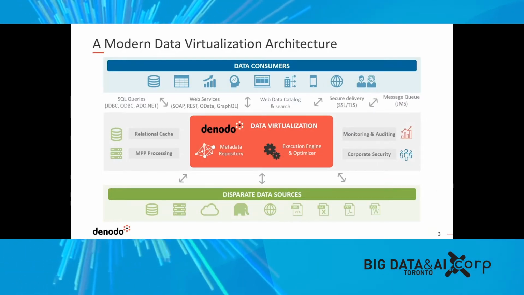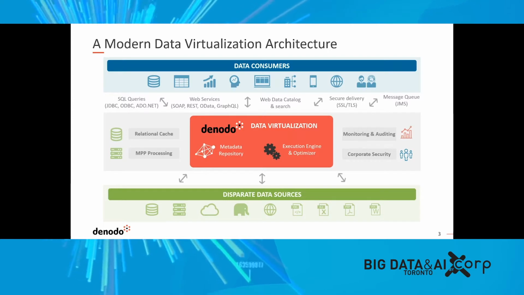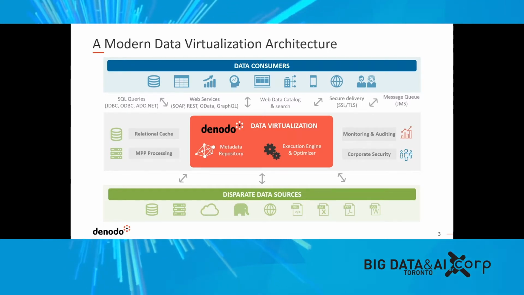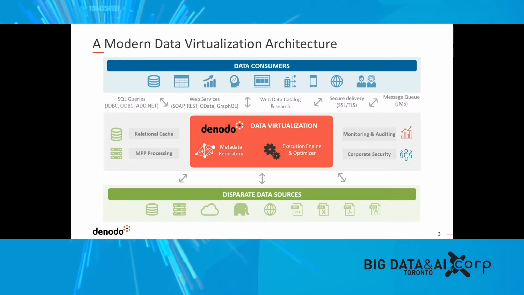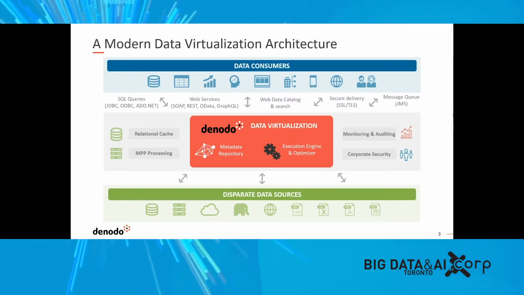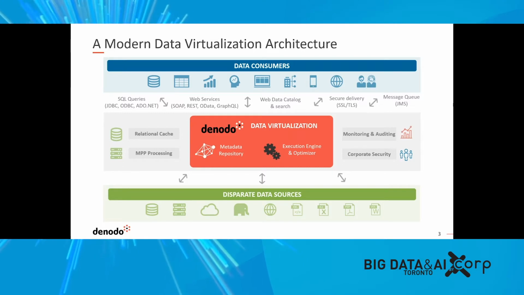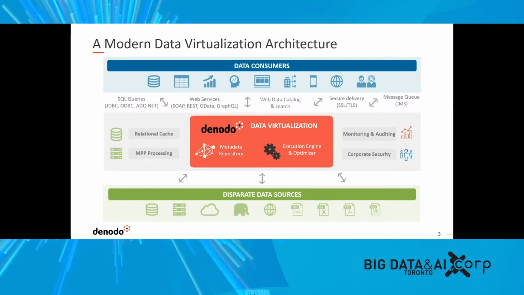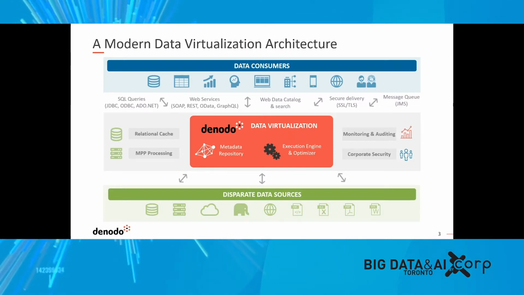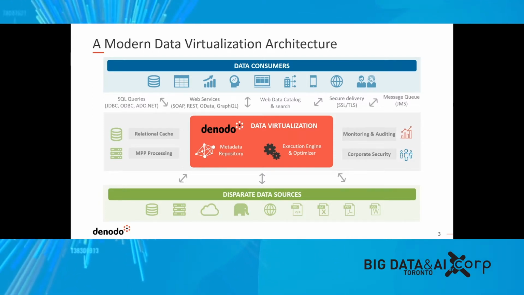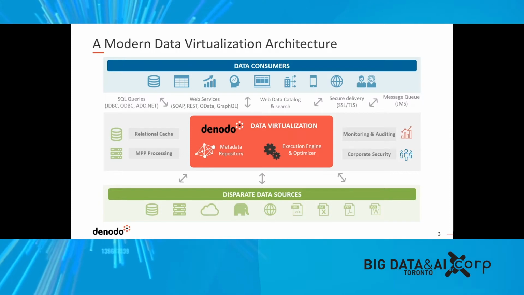Enterprise data virtualization provides applications real-time access to disparate data sources. If we look at the bottom of this diagram, we see many of the most common data sources that companies are using today. Everything from traditional relational databases to SaaS applications, Hadoop, and web services. The top of the diagram represents the different types of data consumers that corporate IT services.